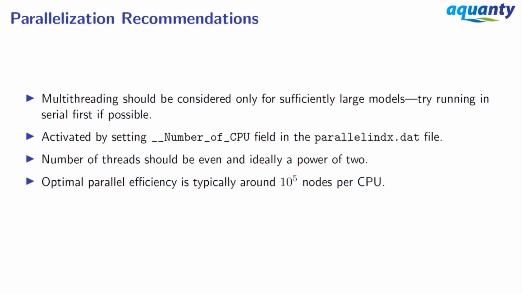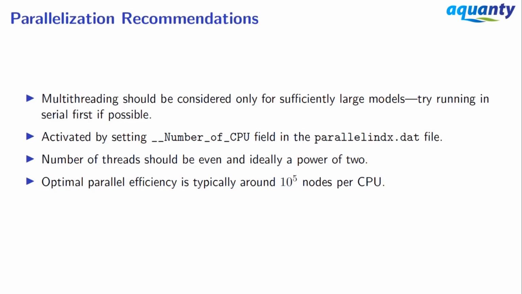Some recommendations for running in parallel mode. First of all, multi-threading should be considered only for sufficiently large models. It typically doesn't pay for smaller models, so you should always try running in serial first if possible.